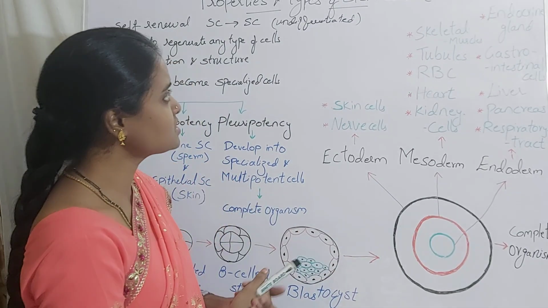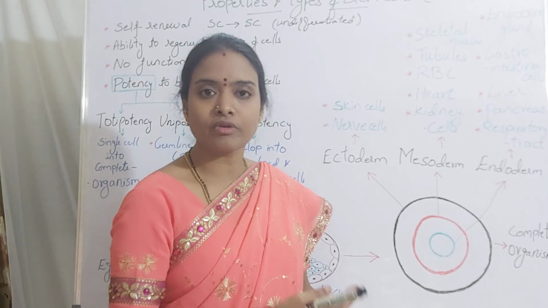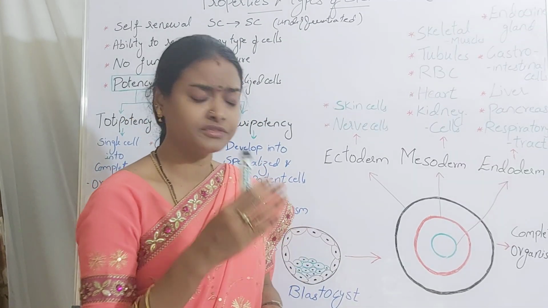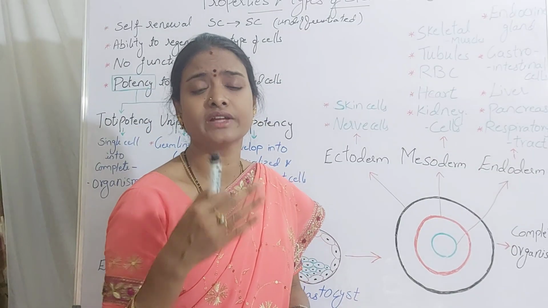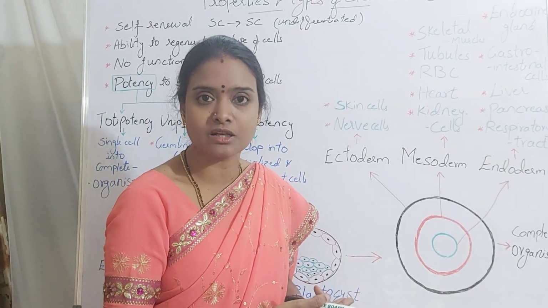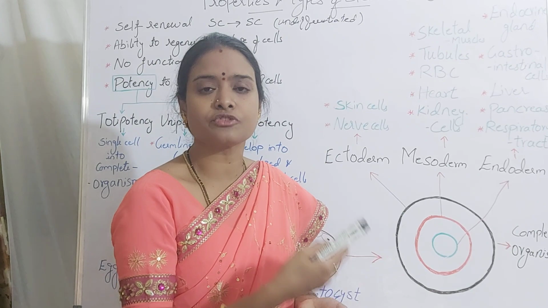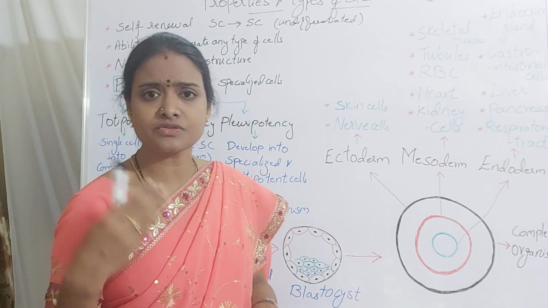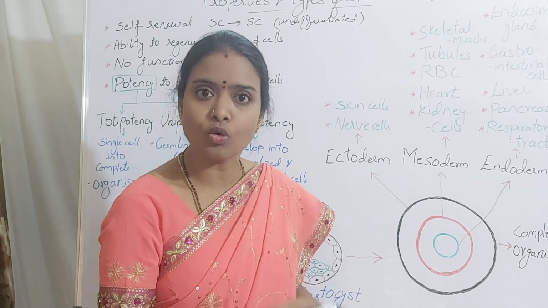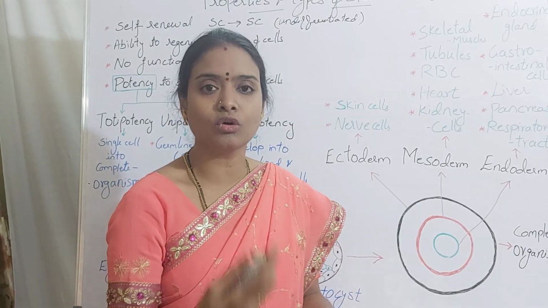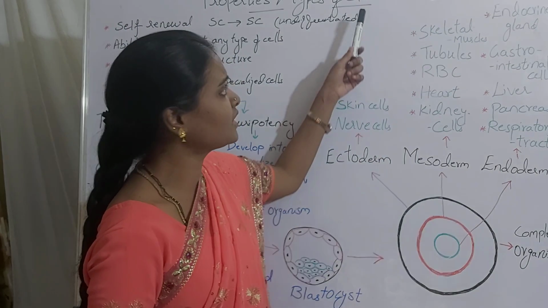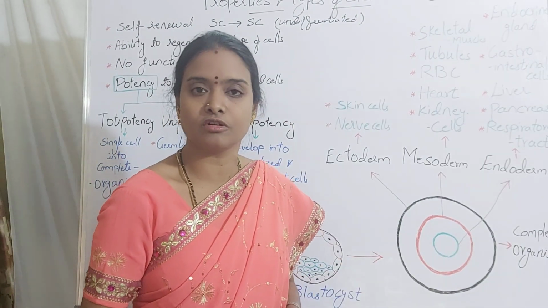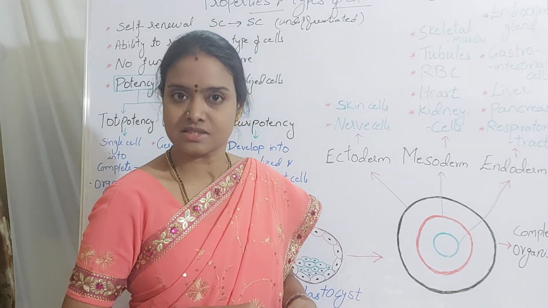Nowadays you have stem cell banks where you store the stem cells during the birth of the child, and for further years, cryopreserved in the stem cell bank, they can be used whenever required. If the person after a few years needs his own cells, he need not go for donors, he can take his own stem cells from the stem cell bank and go for the production of that particular tissue or cells.